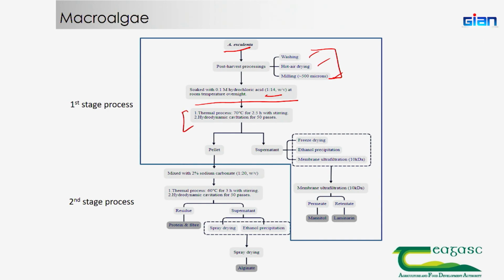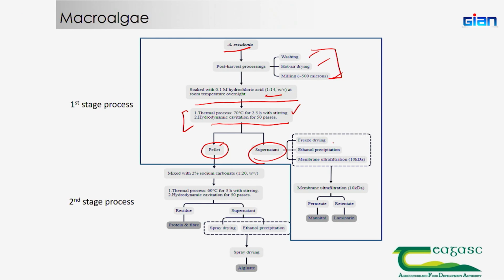Process over here: thermal processes, that is 70 degrees for 2.5 hours, or hydrodynamic cavitation for 50 passes, which takes nearly about 30 to 45 minutes. In the first stage processing, we get a pellet and a supernatant.